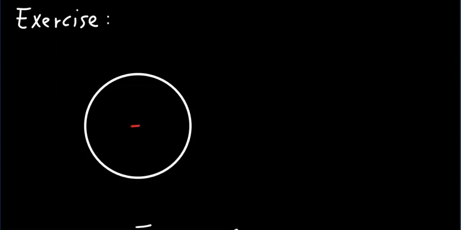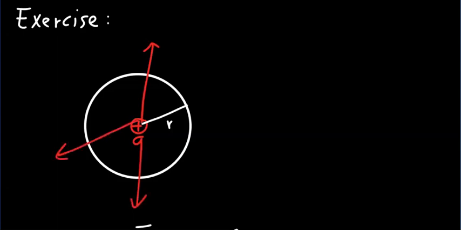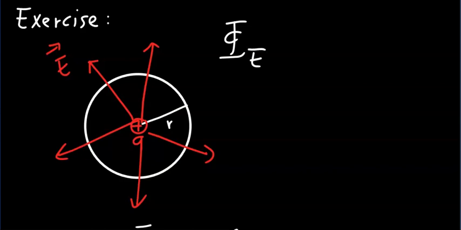Let's look at the following simple exercise. Let's say you have a positive charge in the middle of this sphere, and the strength of this point charge is Q. The radius of the sphere is R. Obviously, this point charge will create an electric field through this spherical surface in a radial manner. Calculate the electric flux for this example.